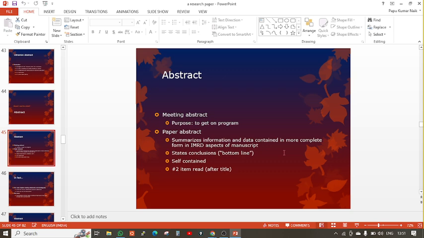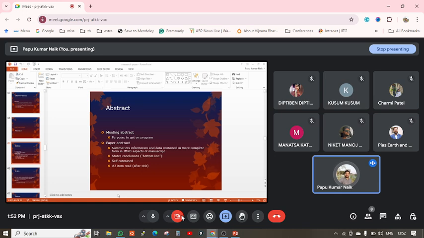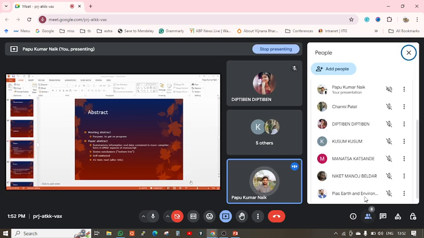It also states conclusions, or the bottom line, in the last sentence of the abstract, which gives an overall conclusion of the paper. It is the second item to read after the title. What is the first item? Your research title. After the research title, if someone is interested in your topic, then they read your abstract. That is the second item to read. So that is very important for writing your research paper.